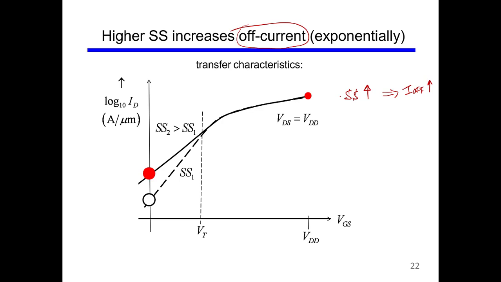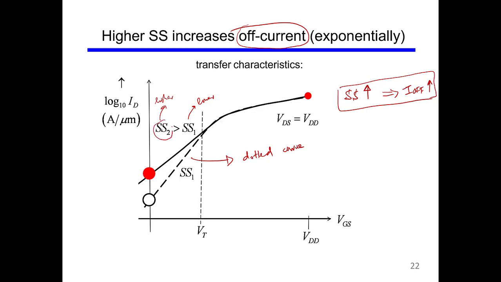Okay, so if your transistor has a characteristic curve where the subthreshold swing is high, then it will have a higher off current. For example, here we have two curves. One is this dotted curve, which has an SS value that is lower than the other one, which has a higher value, SS2.